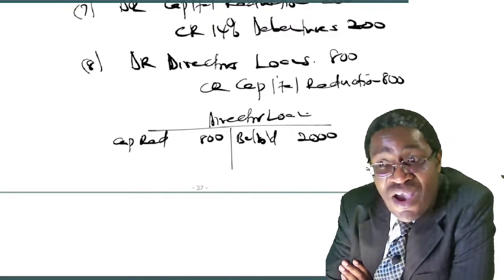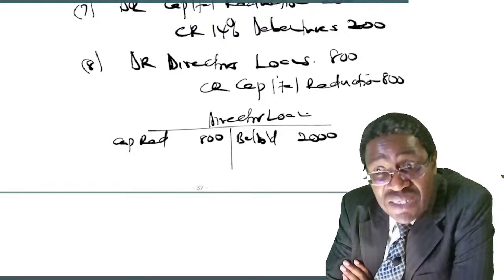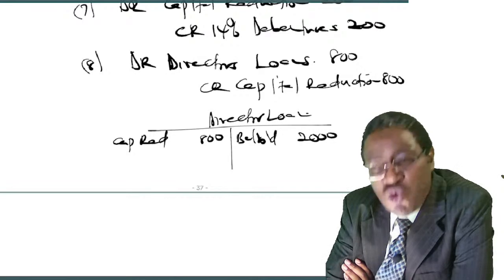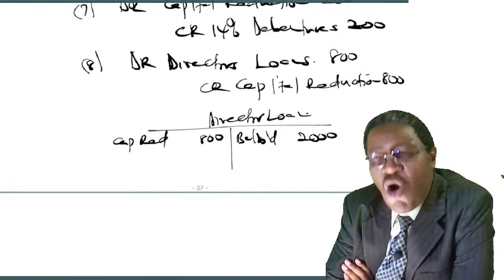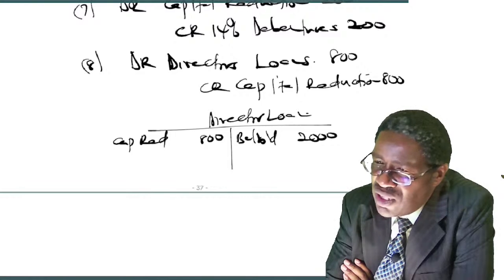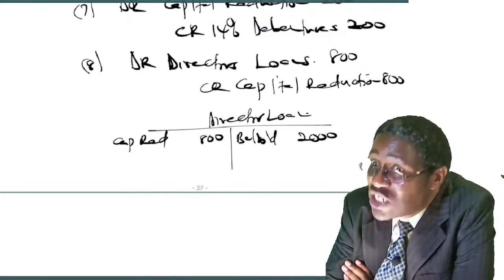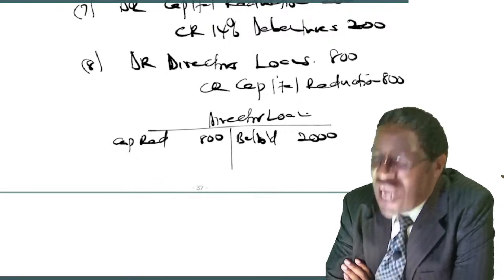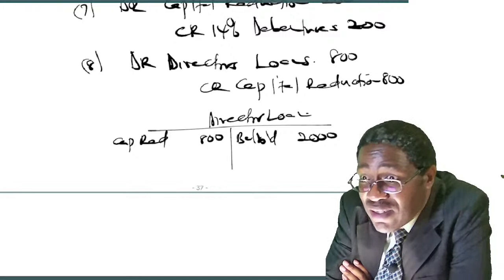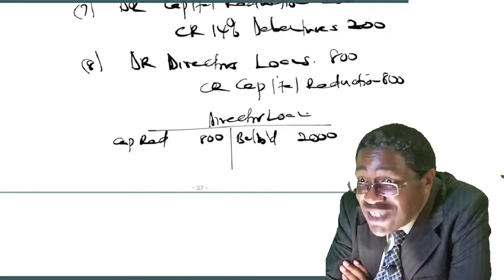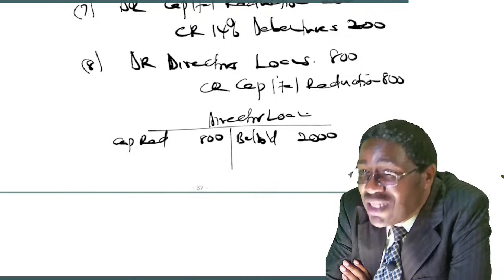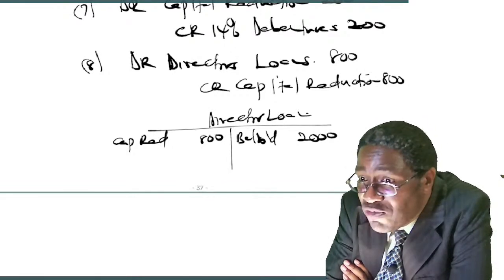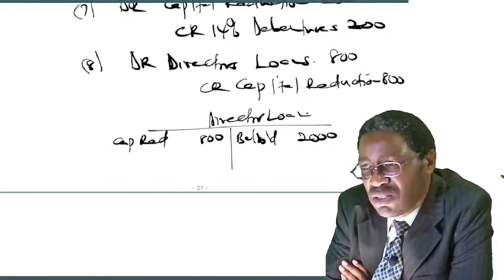Listen, we are told that for the balance, the company issued 200,000 shares of 2.5. But the examiner expected you to know at how much each. That's what I wanted to see. They are issuing 200,000 shares of 2.5, but at what value?